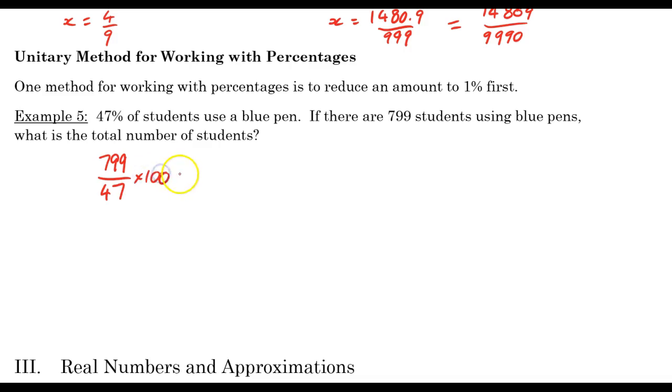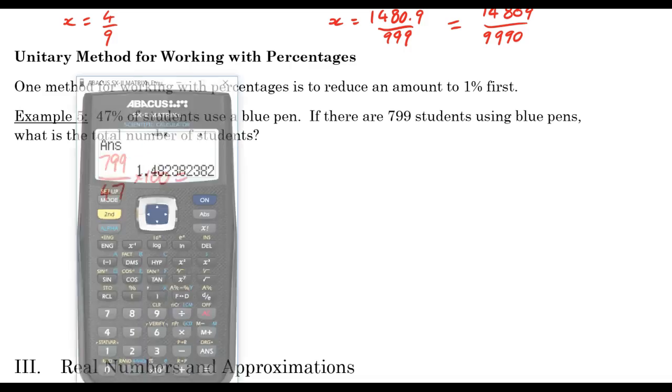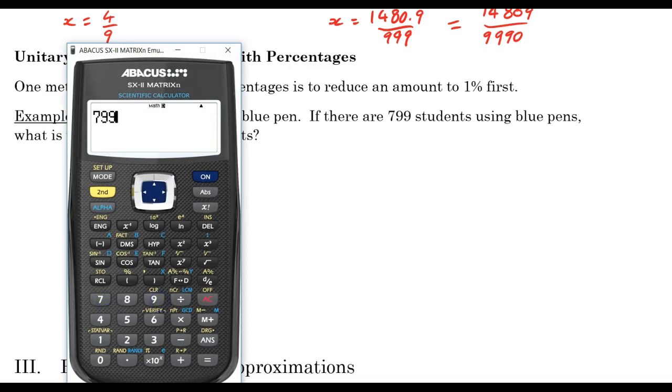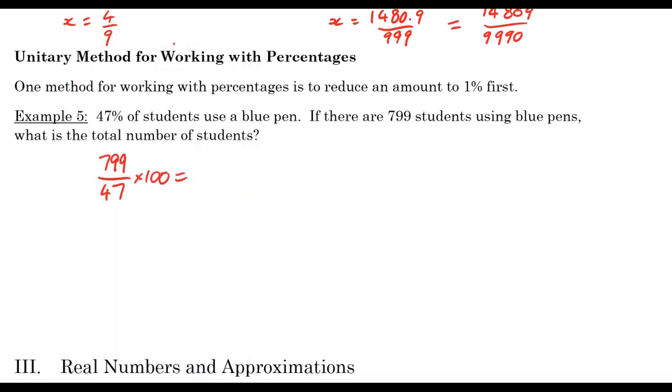If I multiply that by 100, it's going to give me the total, 799 over 47, times 100. What do we get? It's 1,700. That's it. Done. I call that the unitary method because we find the size of 1 unit, of 1%. Find 1%, then we can find 100%.